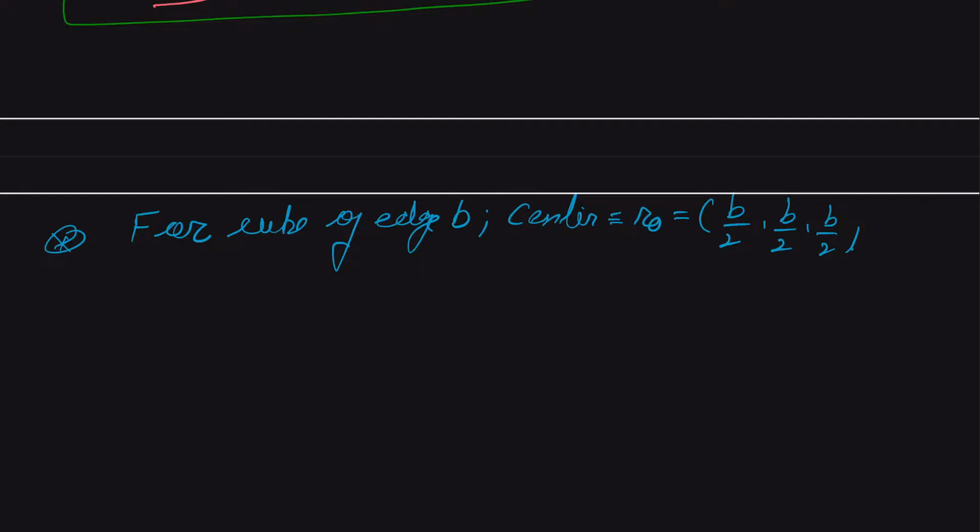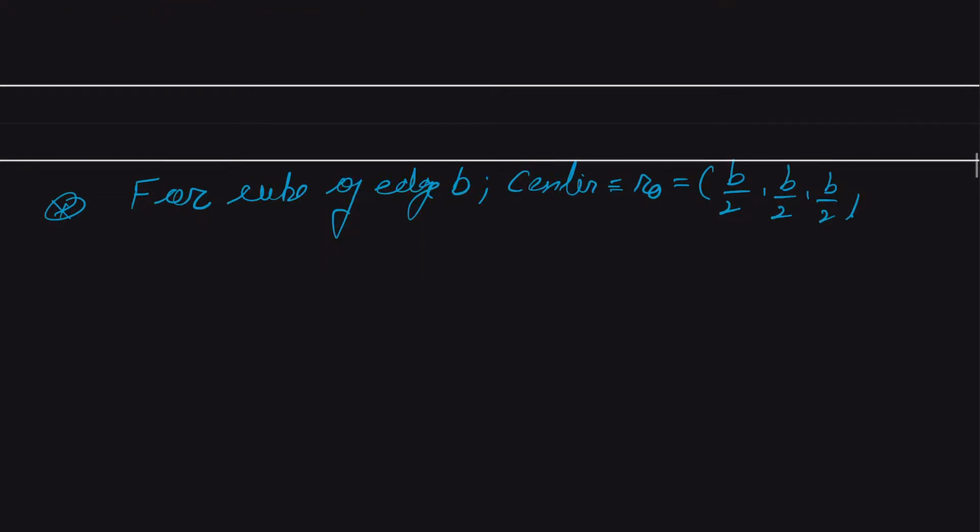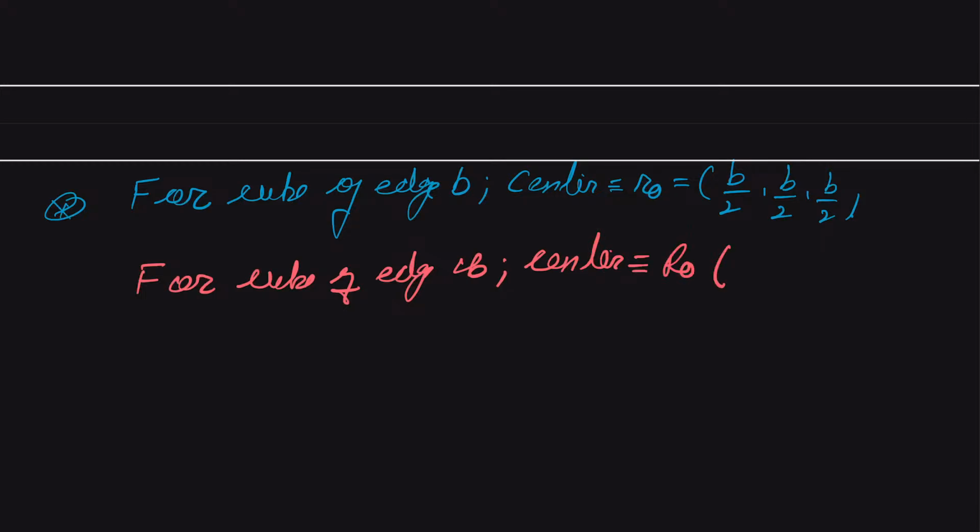But when we go to a scaled version, for a cube of edge 2b, let us suppose our center is now at capital R naught, then this will be equal to b comma b comma b, which comes as 2 times r naught.